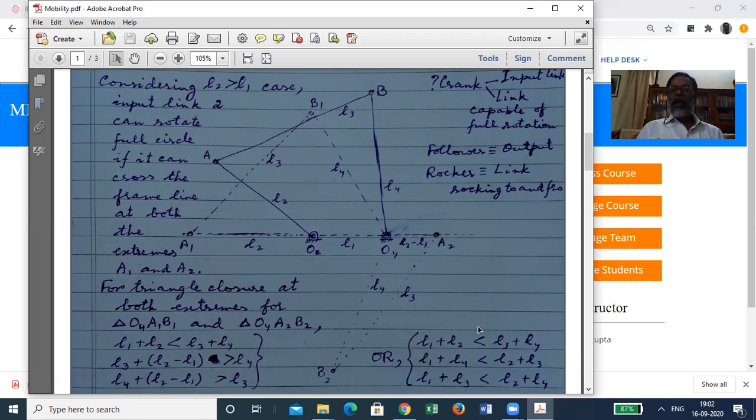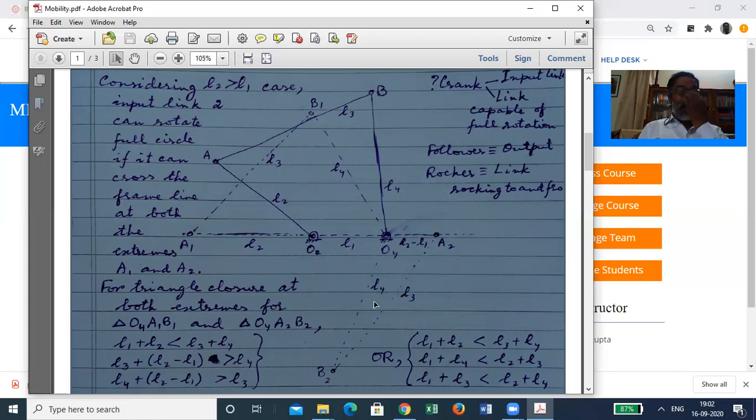Now you know, all these three together, what do they really mean? They mean something very interesting. They mean that for that condition to hold, L1 should be smaller than each and every link. So we started with L1 being smaller than L2.